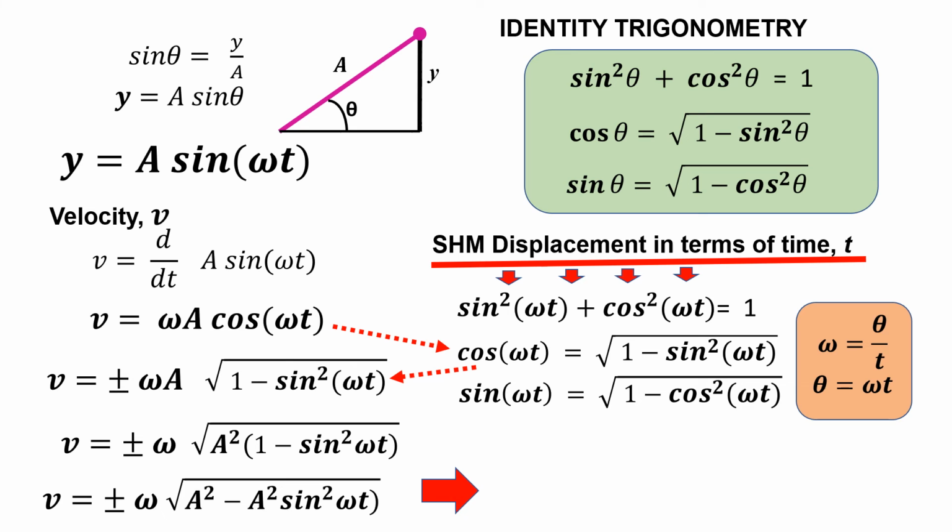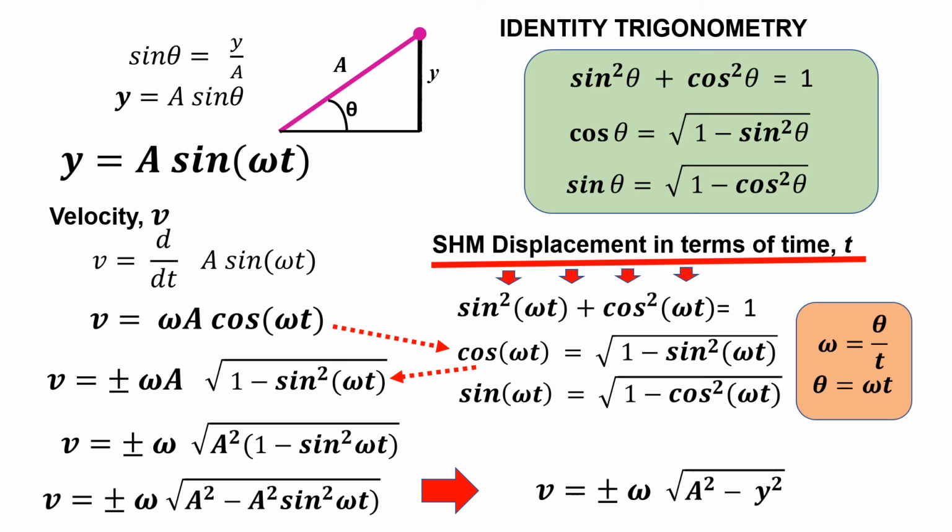Kita dapat persamaan ini dan rearrange, substitute y is equal to A sin omega t. Kita akan dapat final equation v is equal to plus minus omega square root A square minus y square. Cuba perhatikan substitution setiap equation.